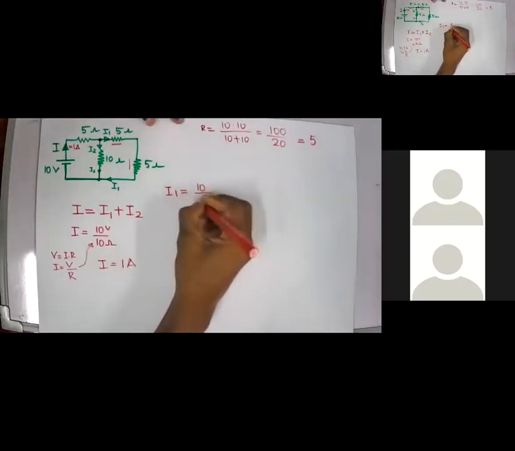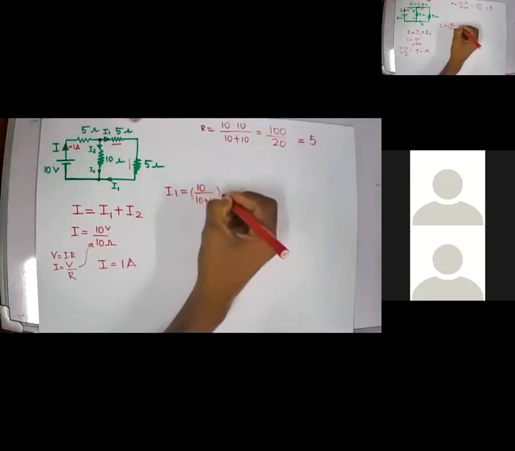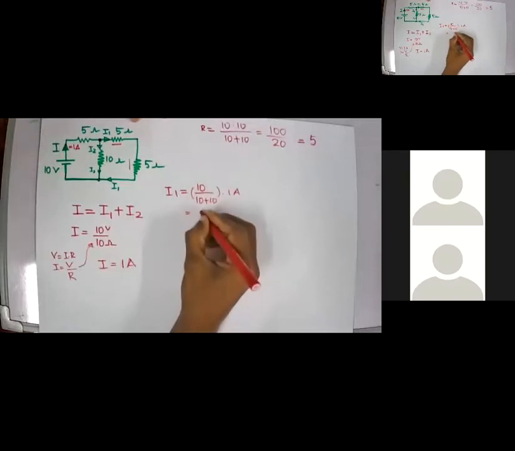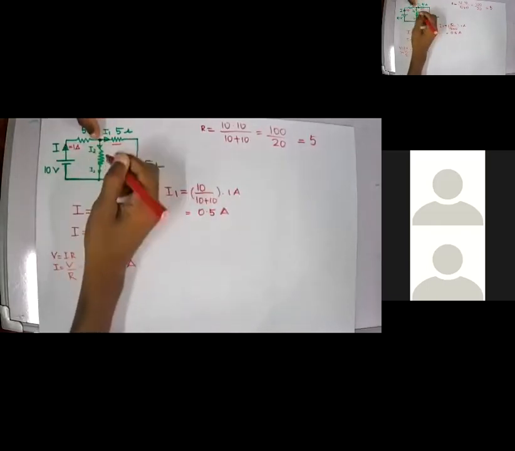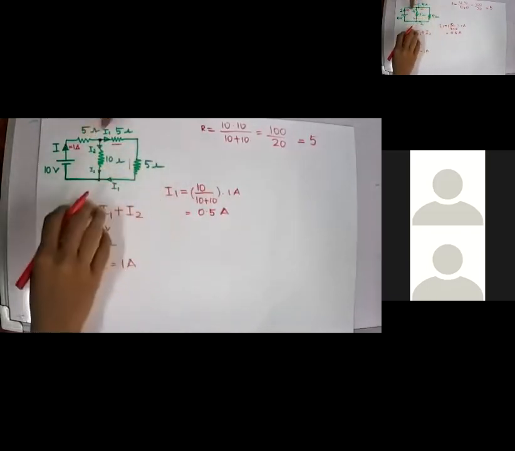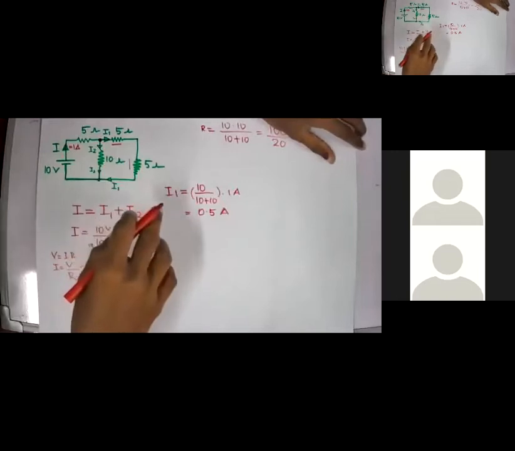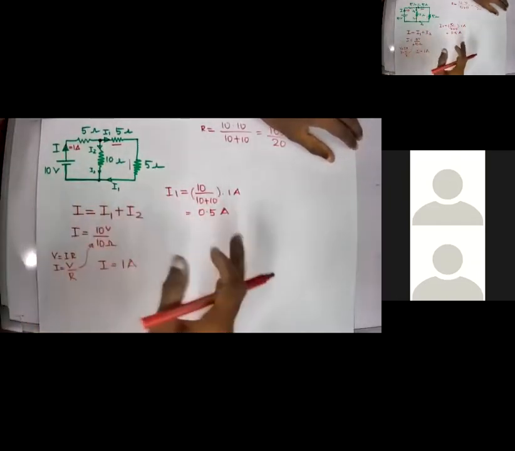So 10 divided by 10 plus 10 into I, which is 1 ampere, will be 10 divided by 20, half, 0.5 amperes. If this is 1 ampere, this is 0.5 ampere, automatically this will also be 0.5 amperes, right? So here you are applying both Ohm's law, Kirchhoff's current law, current division, voltage division, and all those things, right?